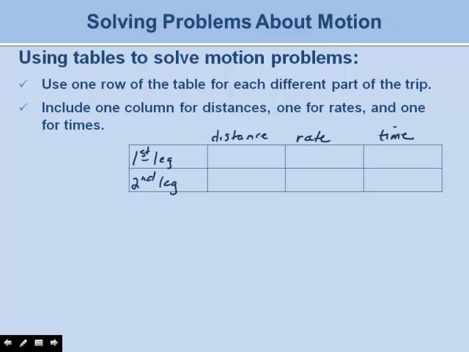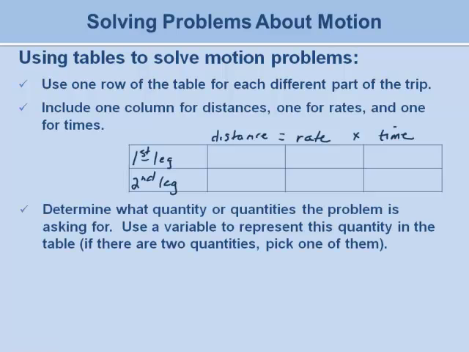If it helps you, you can even write an equals in here so that you have your formula, and put a multiplication in between the rate and the time so that you remember what that formula is. Just like we did with work problems, we're going to want to read through the problem and then figure out what quantity or quantities the problem is asking for, and we'll usually use a variable to represent this quantity in our table.